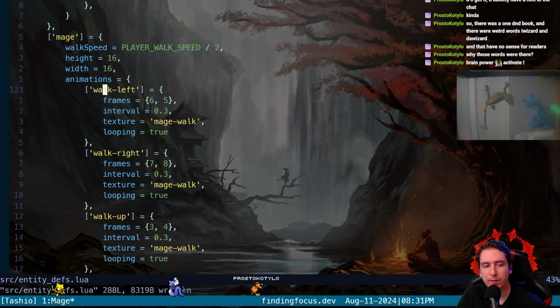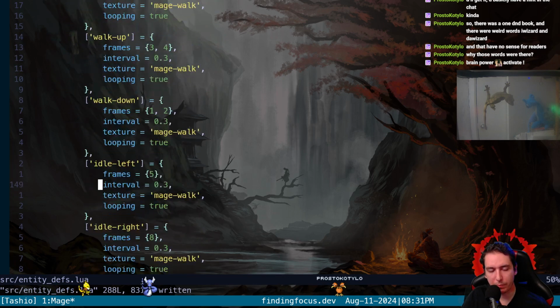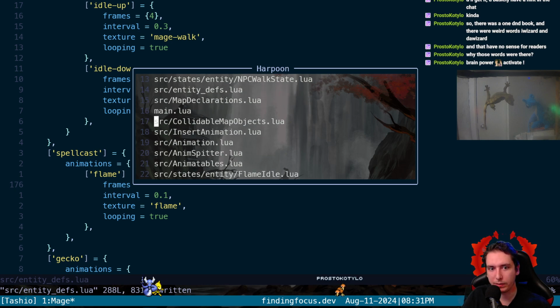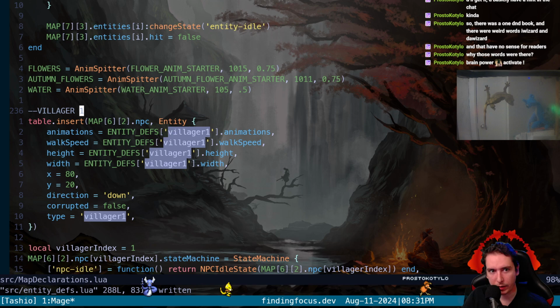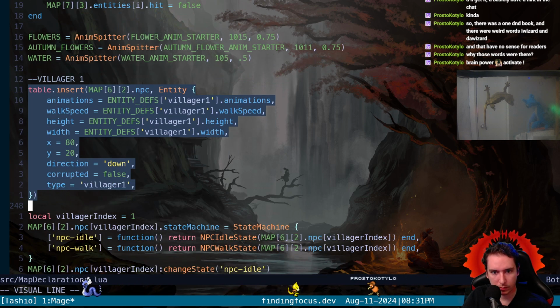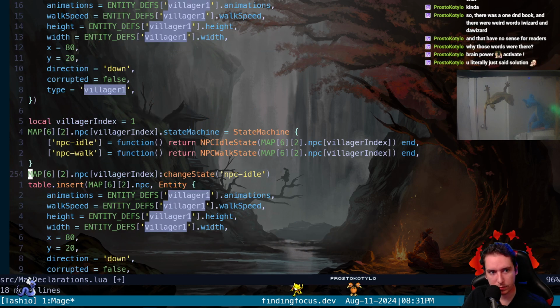Okay, we gave ourselves a mage entity definition here. So I'm thinking we should be able to insert a mage into our map at this point. Just like how we're inserting a villager 1, we can insert a mage.